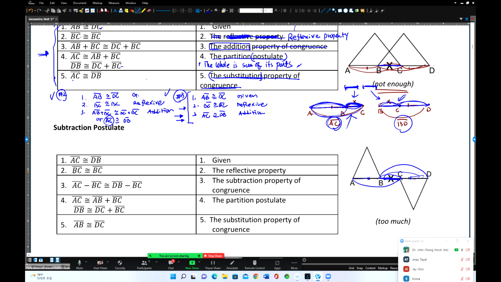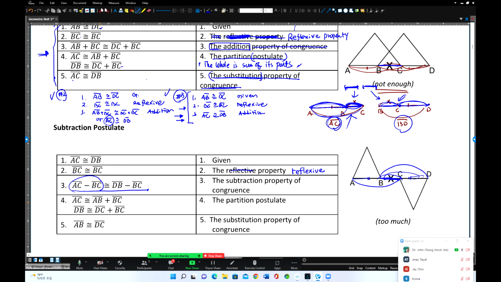Then you're going to subtract. This is subtraction. But this one is actually equal to AC, right?